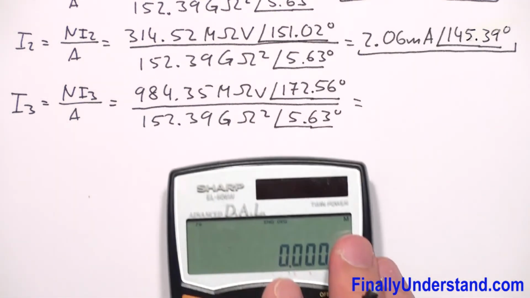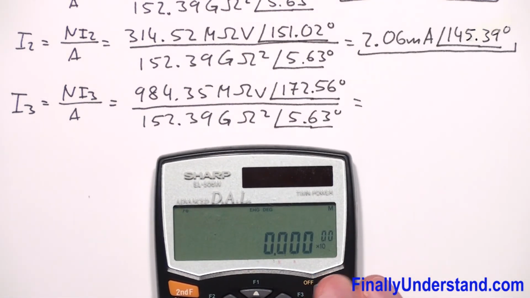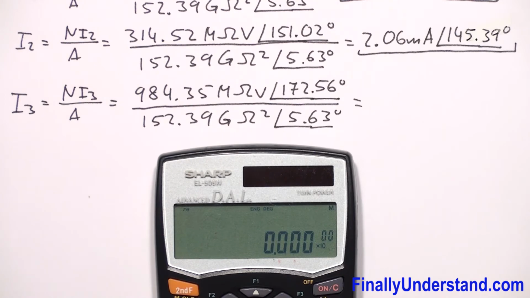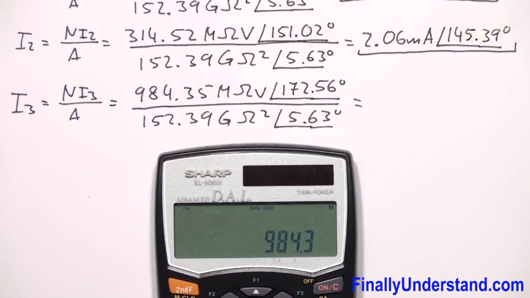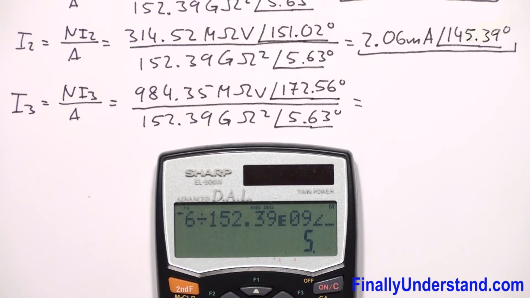Now I'm going to use the calculator to perform the division. So I have 984.35 exponent 6 and angle of 172.56 divided by 152.39 exponent 9 and angle of 5.63.